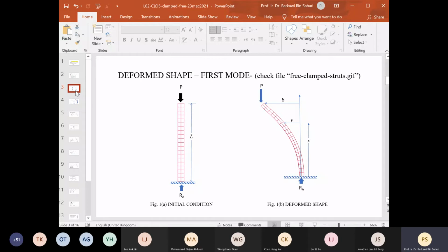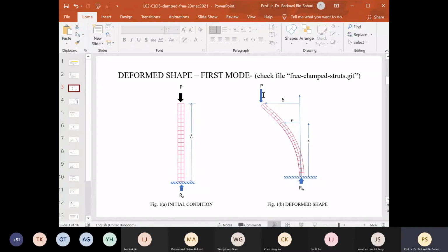The height of the column, which is the length of the column, is L, and it is clamped at the bottom, shown by the symbol of clamp there, and it has a reaction R. So if the bottom is A, clamp at A, and free at B, then reaction at A will be RA.